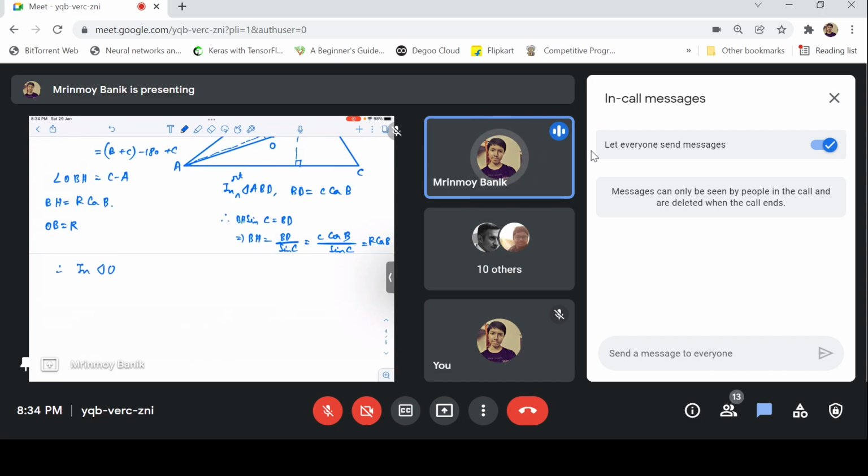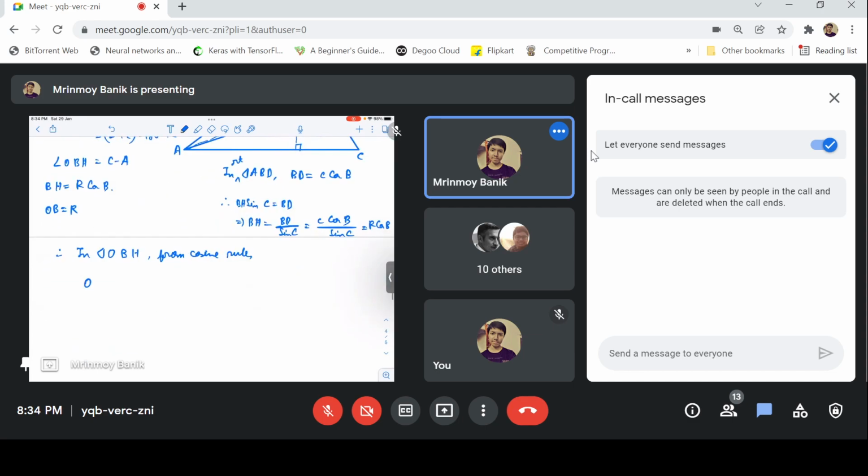Therefore, in triangle OBH, from cosine rule, OH square is OB square plus HB square minus twice OB HB cos(C minus A).